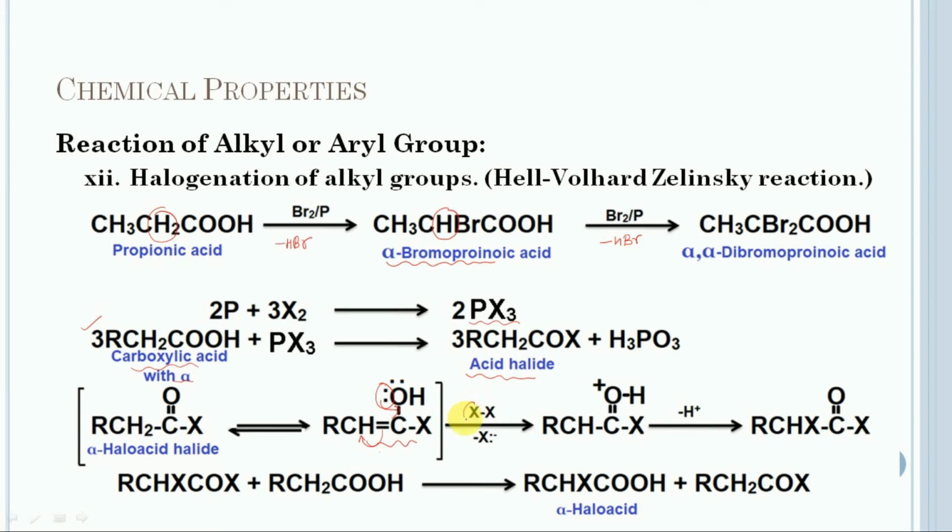Now this halide will attack on this carbon and this oxygen will acquire a partial positive charge. So this intermediate product will get formed.